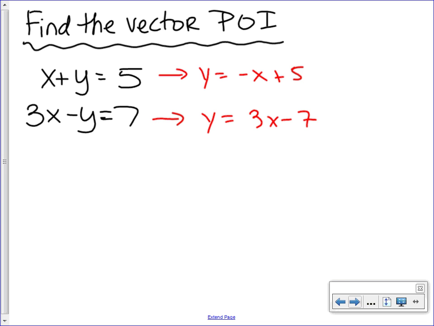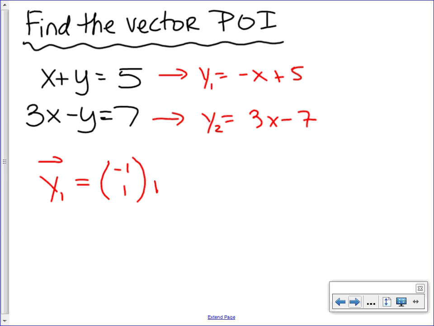Okay, so vector 1, we call this y1 and y2. So the vector for y1 is slope negative 1 over 1. Instead of t, let's use m and n because we have two things.